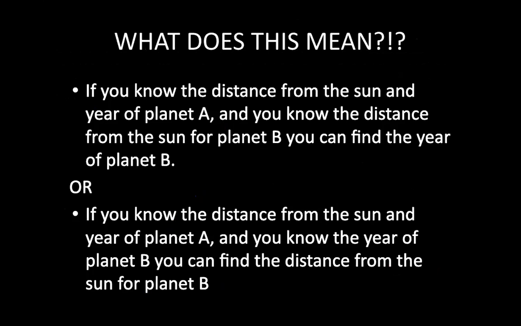So pretty much though, if you know the distance from the sun and the year of planet A, and you know the distance from the sun for planet B, you can find the year of planet B, because you're essentially doing cross multiplication, okay? Or if you know the distance from the sun and year of planet A, and you know the year of planet B, you can find the distance from the sun for planet B. So if you have at least 3 pieces, you're able to find the 4th piece. Any questions?